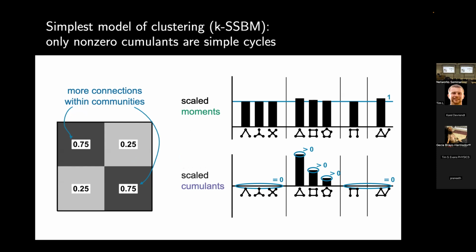Here I'm connecting within the same community with a higher probability, 0.75, and between communities with less probability. What you can see is that the only cumulants that are non-zero are the simple cycles. And it makes sense because it's a very simple model: if I'm connected to something, then there is more chance that that thing is connected to the other thing.